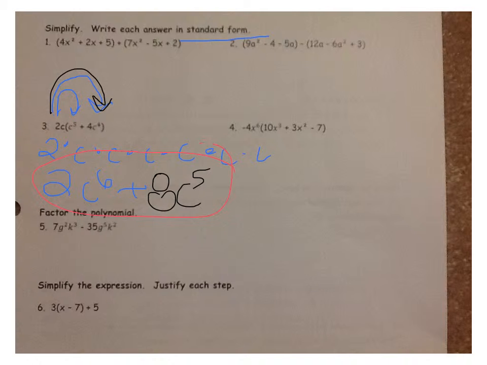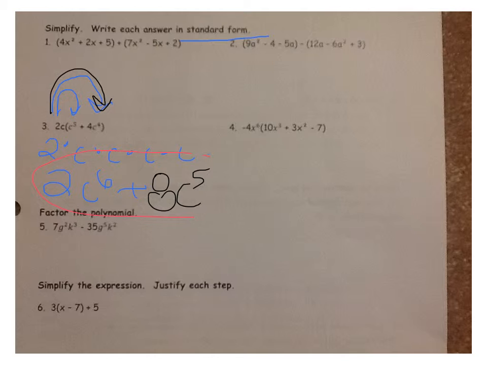All right, I'm going to erase a little bit over here just so that I have enough room for number 4. All right, so the next thing that I'm going to do is simplify the quantity of negative 4x to the 6th times the quantity 10x to the 3rd plus 3x squared minus 7.